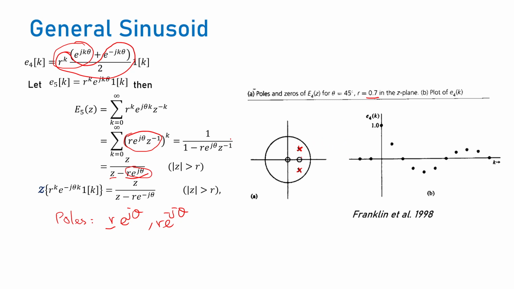Like you can say, well, if you have a complex pole and it has norm less than 1, which means within the unit circle, then you have oscillation, but at the same time it decays, right? Oscillation at the same time decaying smaller and smaller like this. Okay.